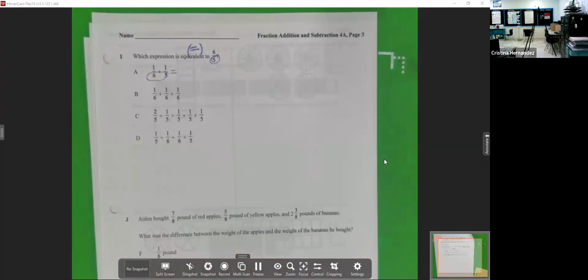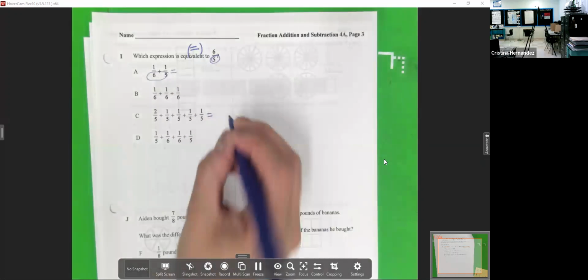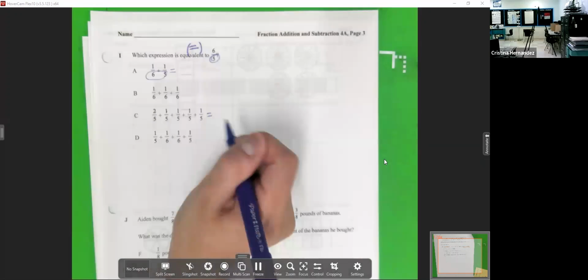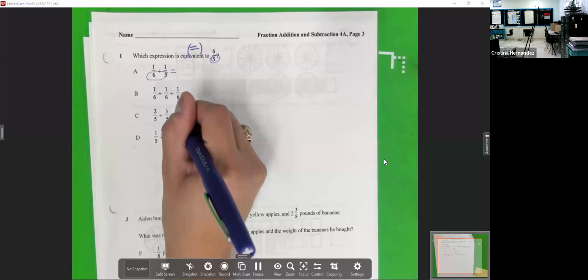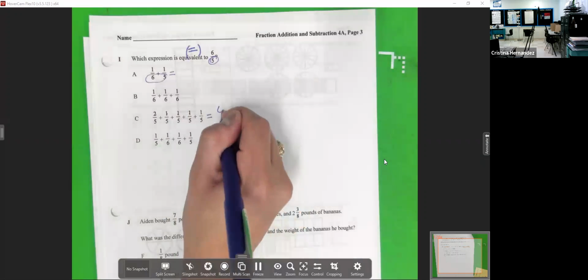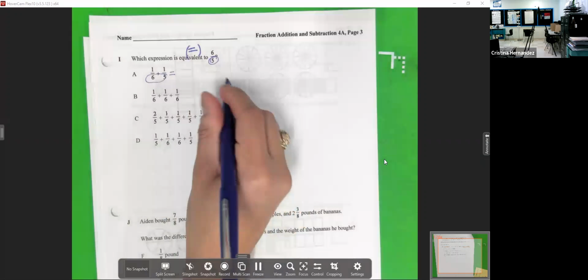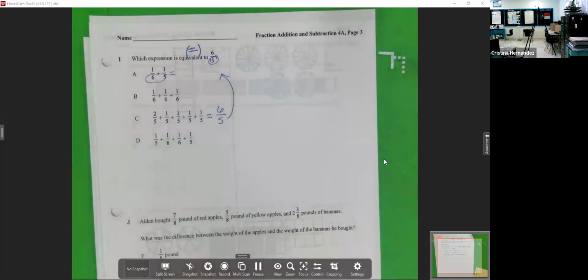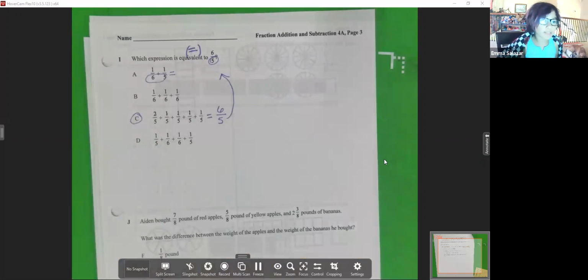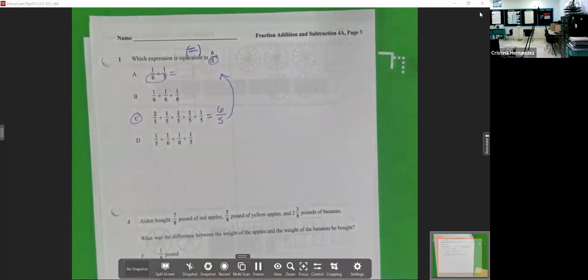So if you add all of these together, what do you get, Natalie? 2 plus 1 is 3, plus 1 is 4, plus 1 is 5, plus 1 is 6. So 6/5. That's equal to that. It's tricking you because it has a 2. But if you just look at your denominators, they should all be 5.